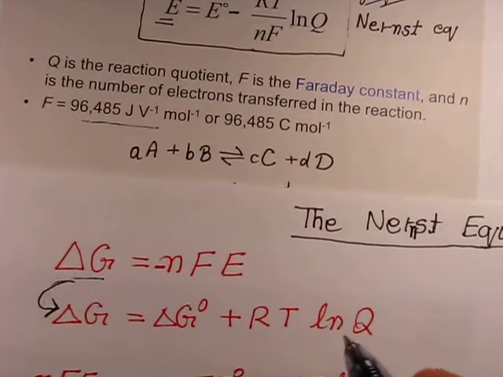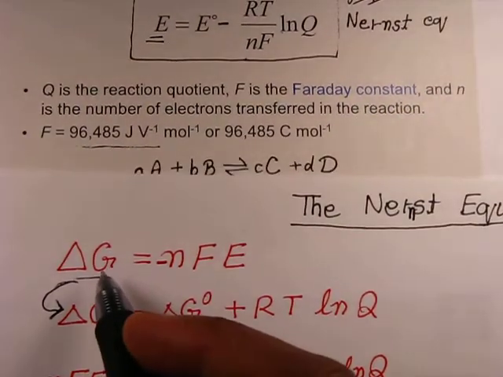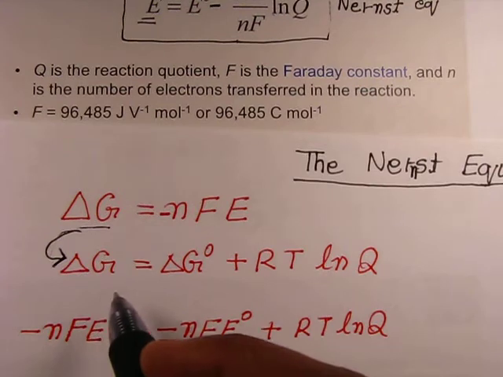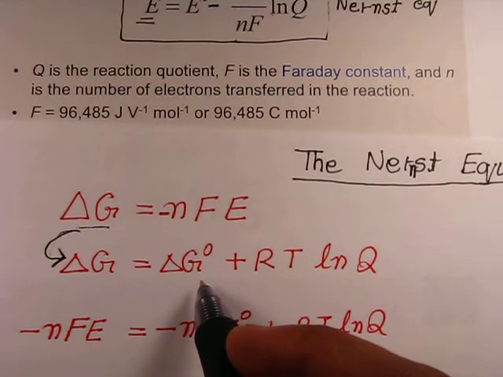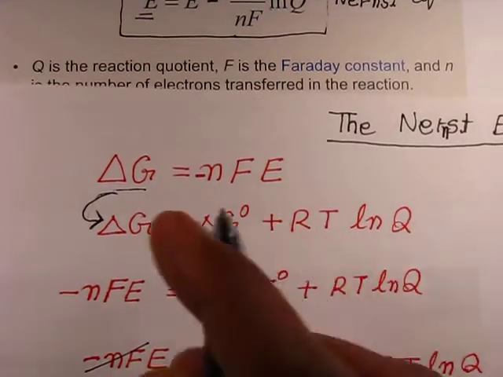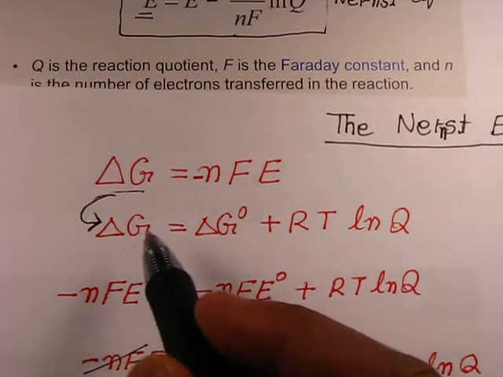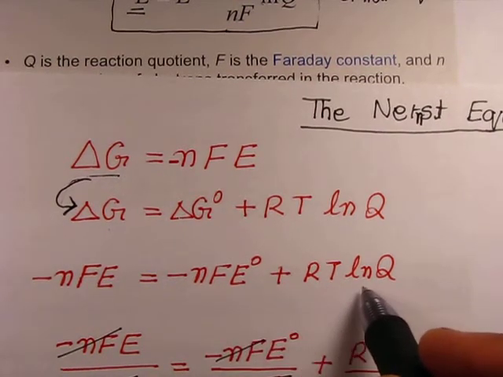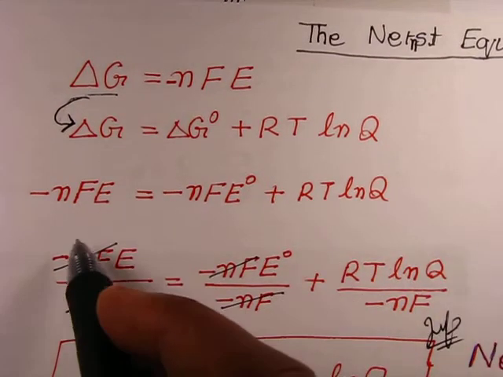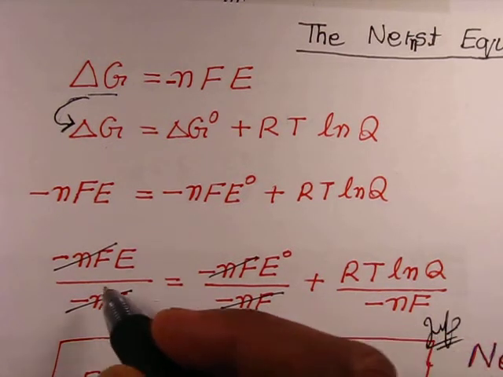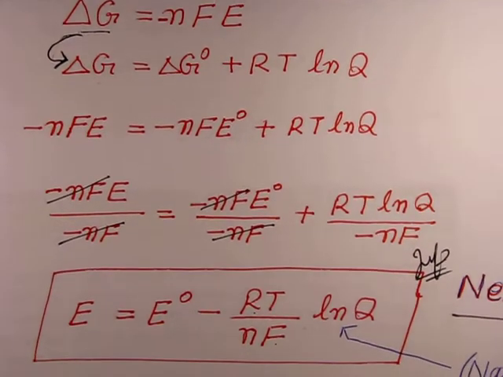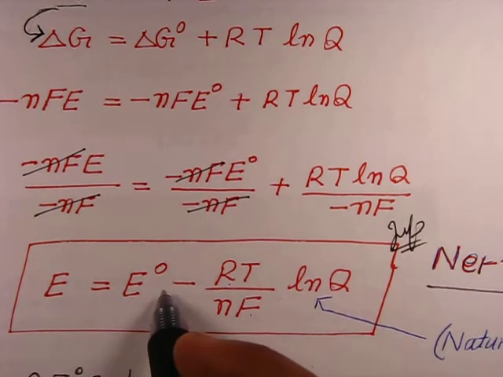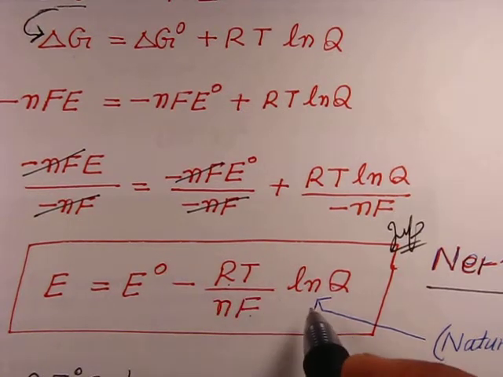As we have studied, the relationship between free energy and cell potential is delta G equal to minus nFE, and under non-standard condition, delta G is equal to standard free energy plus RT natural log Q. If we replace this delta G value into the second equation, we can write minus nFE equal to minus nFE naught, the cell potential under standard condition, plus RT natural log Q. Then if we divide the whole equation by negative nF, we end up with the equation we have just seen: E equal to E naught minus RT over nF natural log Q.